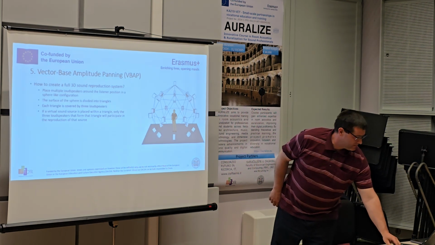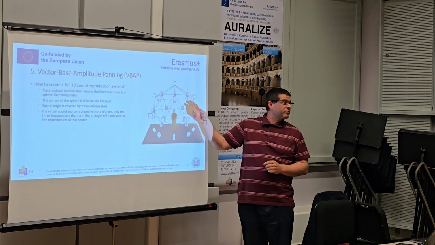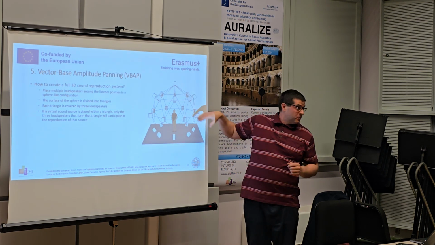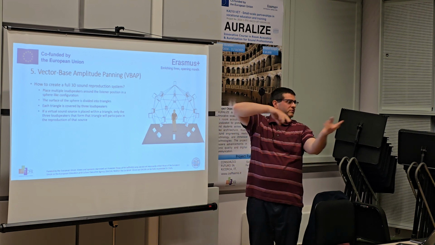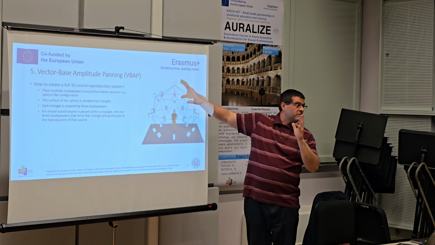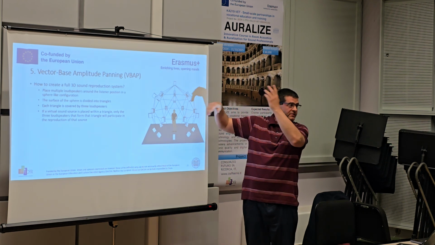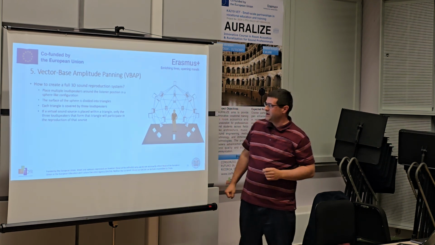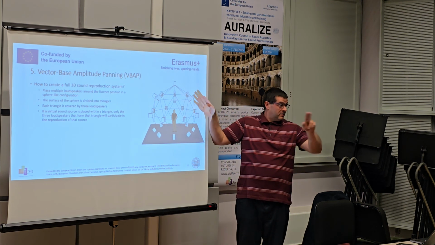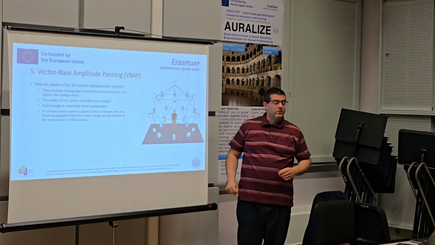How do we make it 3D? We make more triangles, basically. We make some sort of sphere-like configuration of loudspeakers, and okay, this is a rainforest of lines, so you can maybe not see it clearly, but let's say here. You form elementary triangles like the one we saw before.